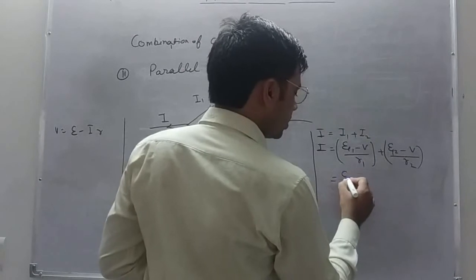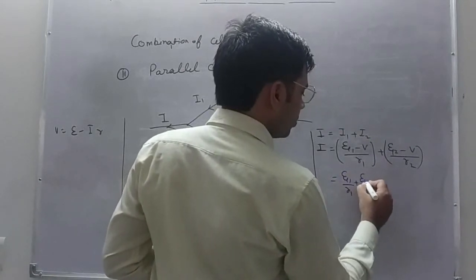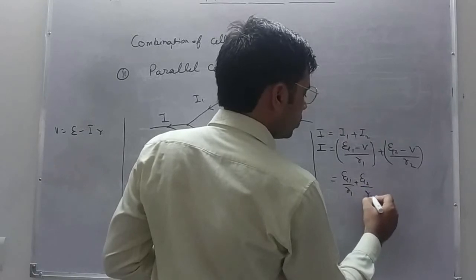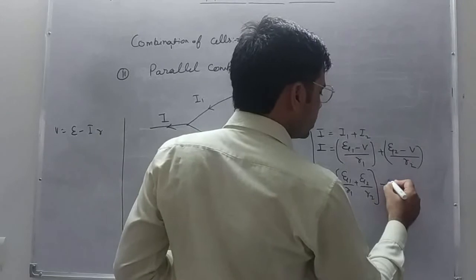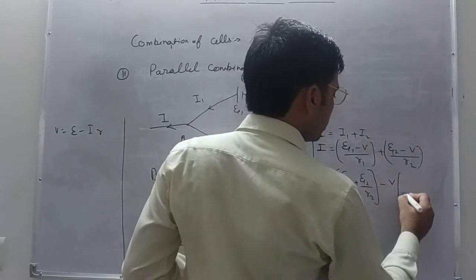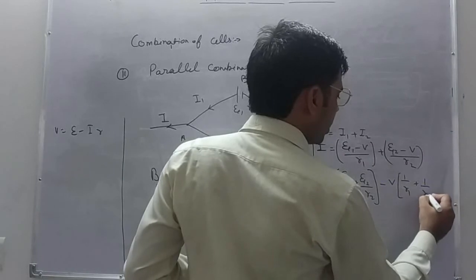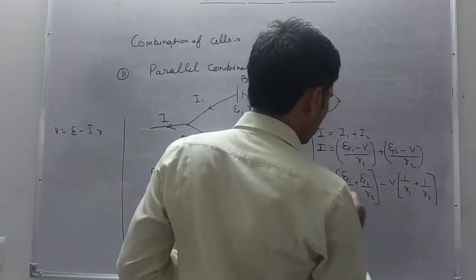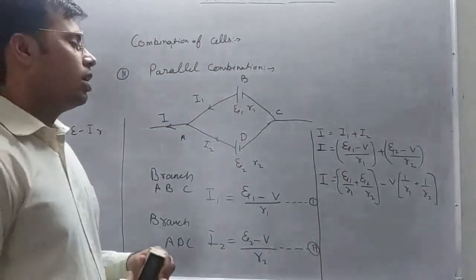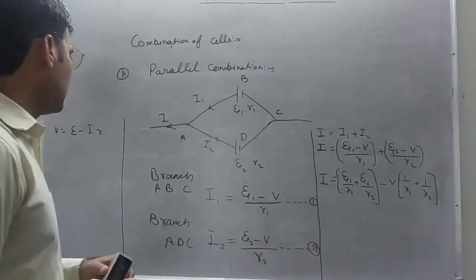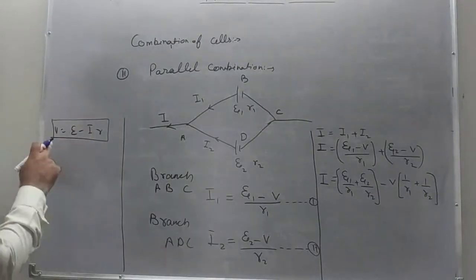So it is E1 by R1 plus E2 by R2 minus V common, 1 divided by R1 plus 1 divided by R2. This is I.